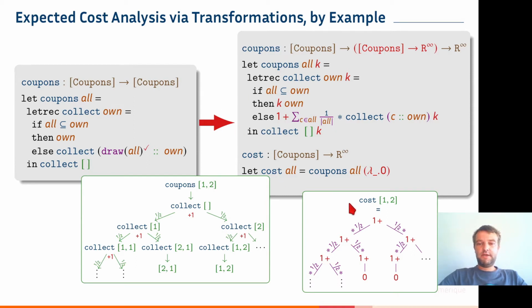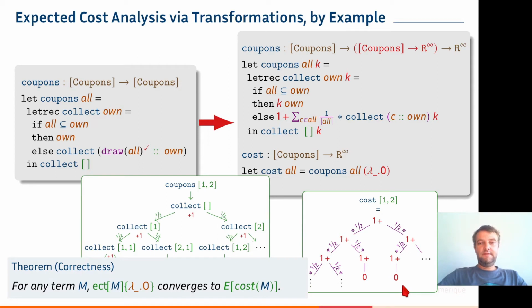So this cost function evaluates to such an infinite tree, and what we can show is that the cost defined in this way converges precisely to the expected cost of the initial program.